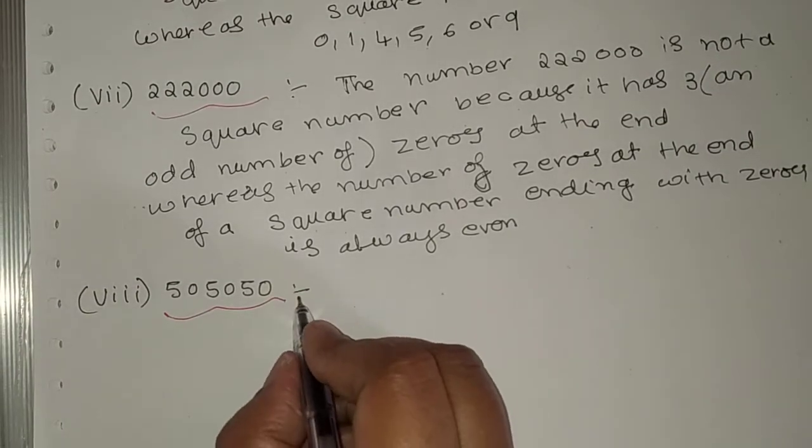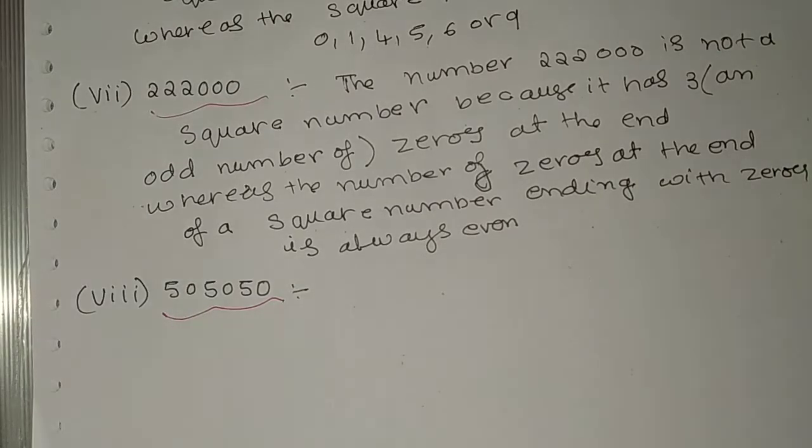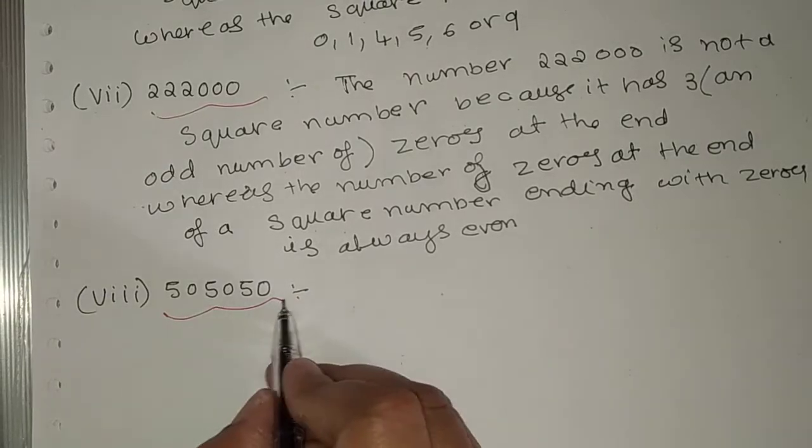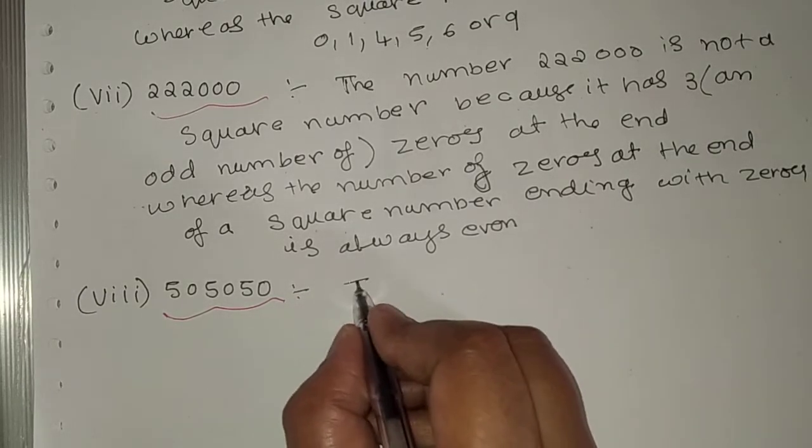So the last one here is, same thing, 505050, a 6-digit number is given.